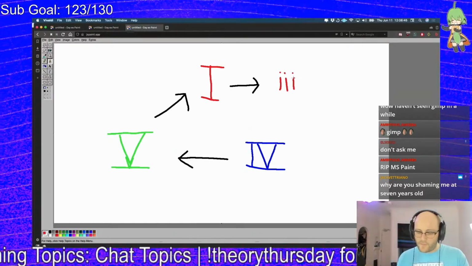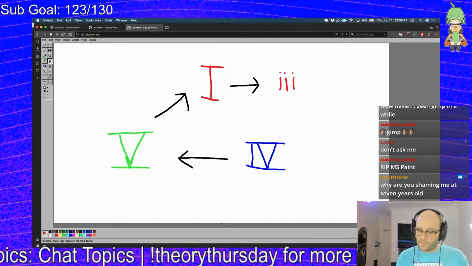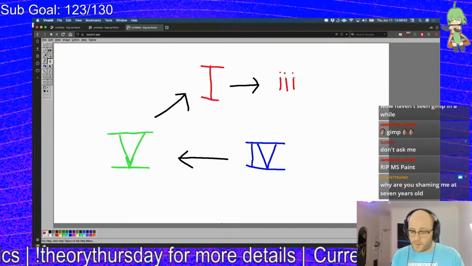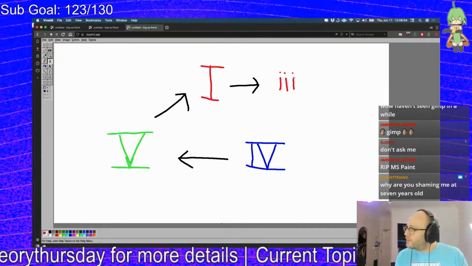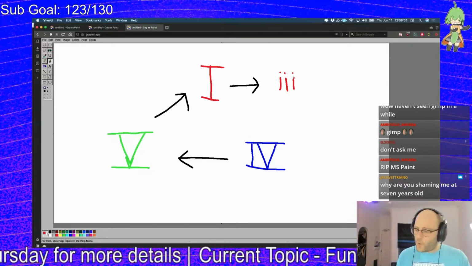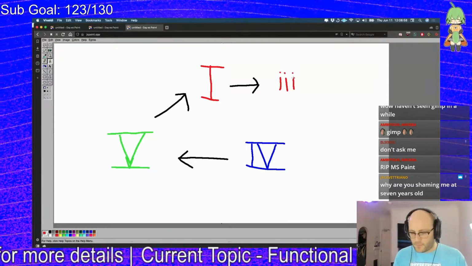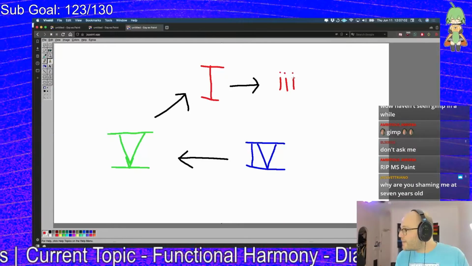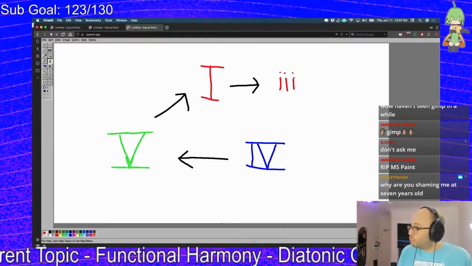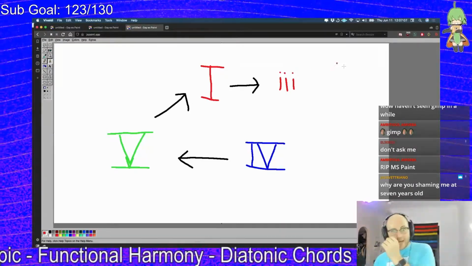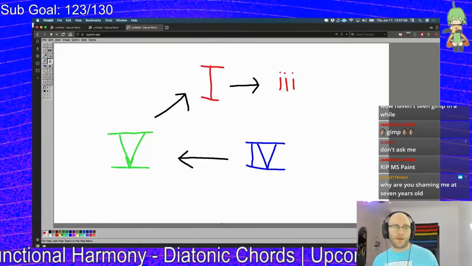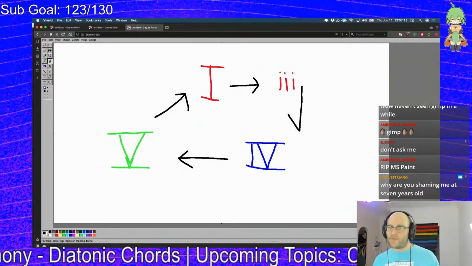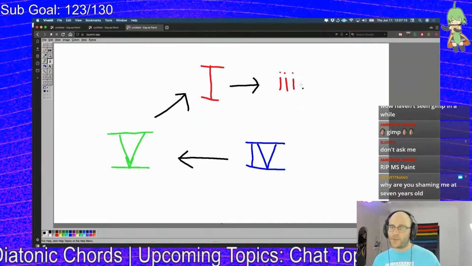And then go to the F. Ooh. Now we have a whole 4 chord progression. Adding that dominant totally works.